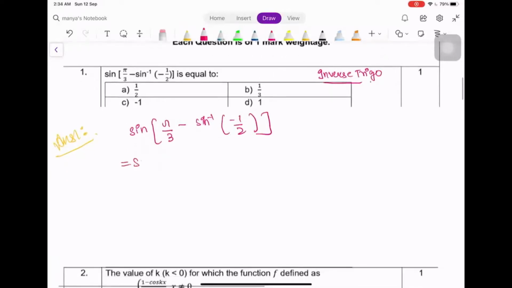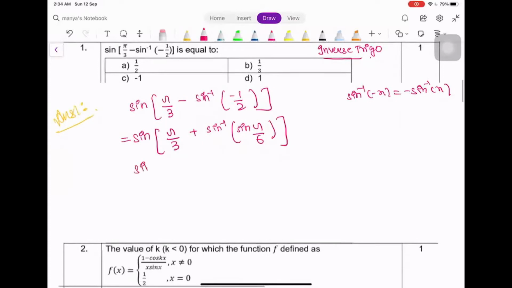So we can write sine pi by 3, minus becomes plus because sine inverse of minus x is equal to minus sine inverse x. Sine inverse of half is pi by 6.